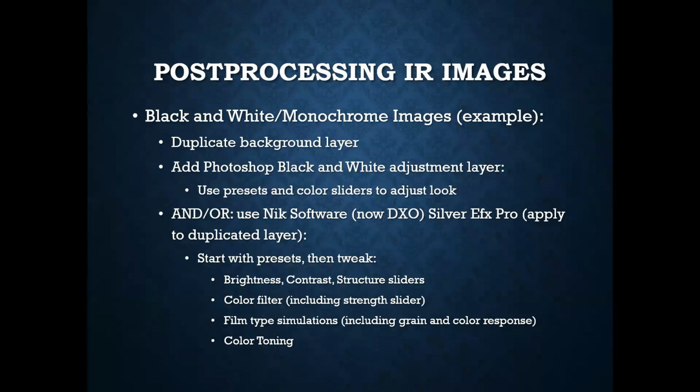For monochrome images, the only thing I'll say, and I'll give you examples next time when we talk about processing, is that when you convert the image to black and white, you can use the built-in black and white function, black and white layer or black and white image processing in Photoshop. Or you can use specialized tools like Nik Software Silver Efex Pro, which is now actually provided by DxO, not Nik anymore.